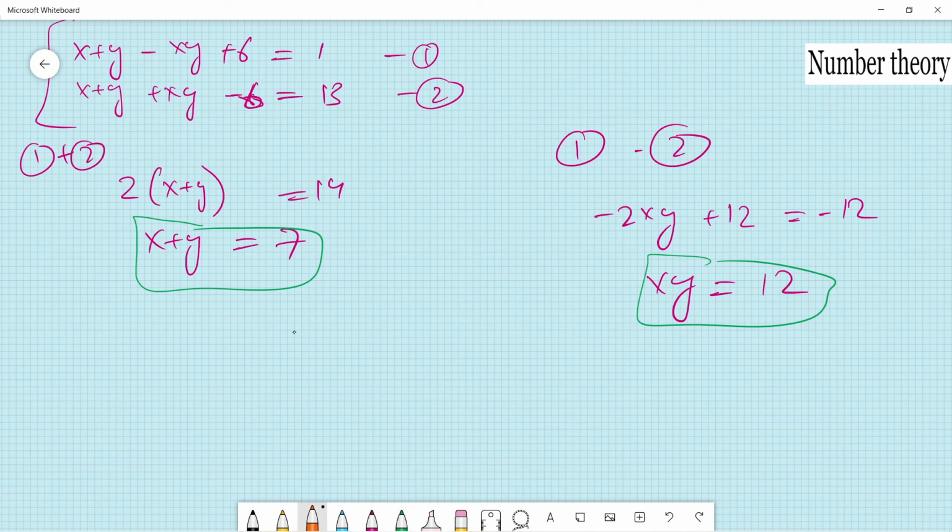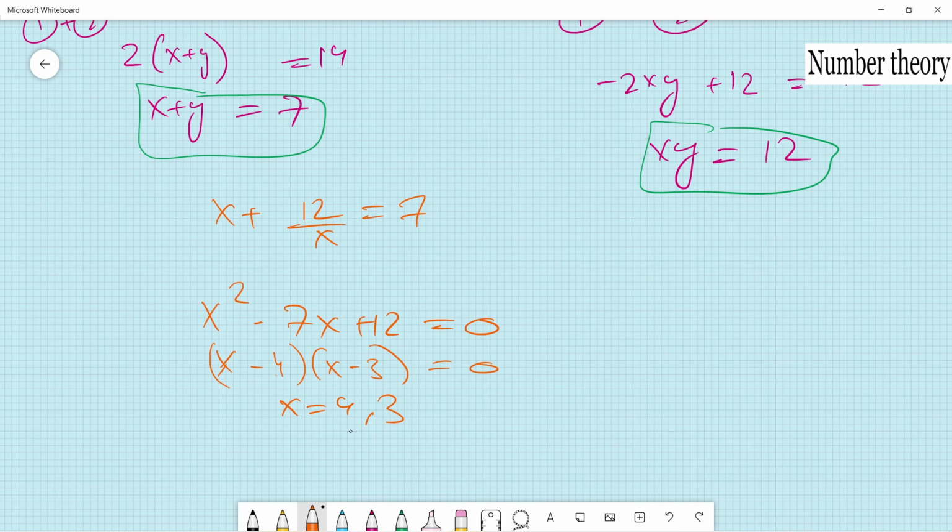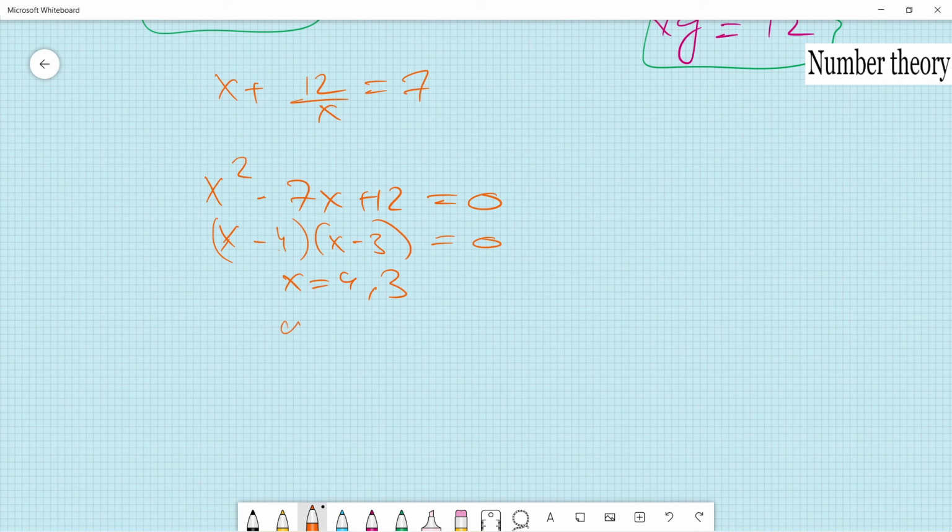So from here what can we do? We can simply use the method of substitution, substituting y as 12 upon x in x plus y equals 7. Now this simply becomes a quadratic in x, which you can very easily solve. This becomes (x minus 4)(x minus 3). So we get x as 4 or 3, and if we take x as 4, we get y to be 3, and vice versa.